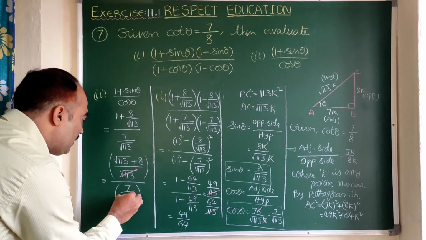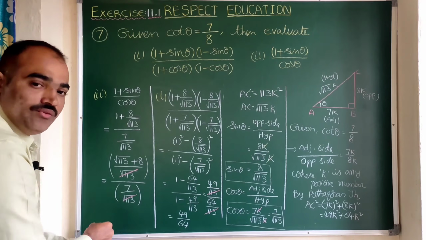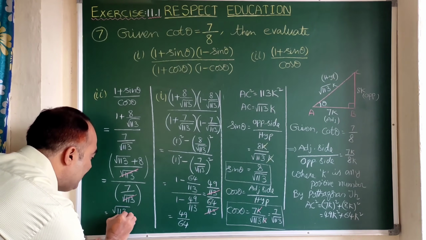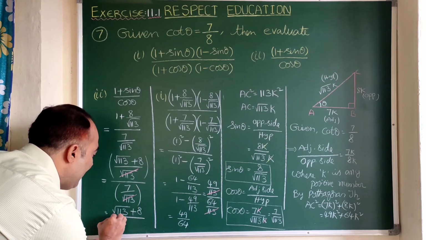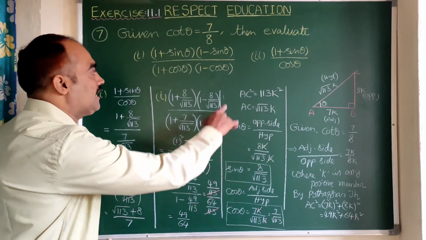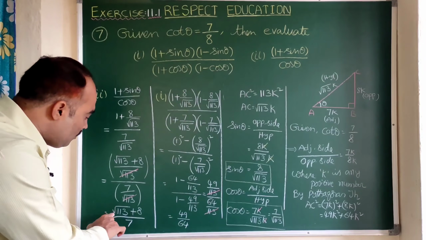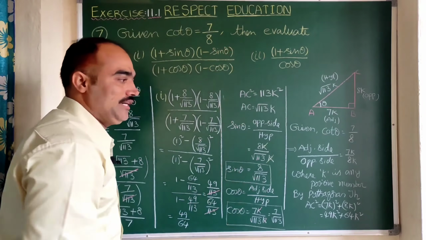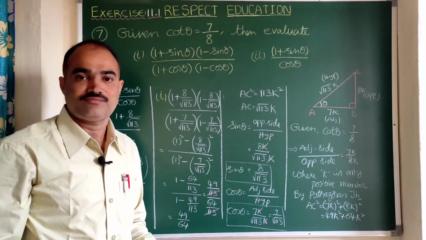Which one? This denominator and this denominator. Now here what is left? Under root 113 plus 8 by 7. So 49 by 64 is the answer for the first bit. Under root 113 plus 8 by 7 is the answer for the second bit. Any doubt? No, sir.